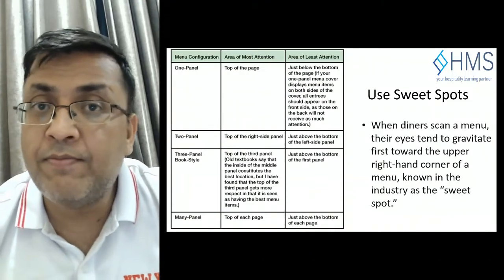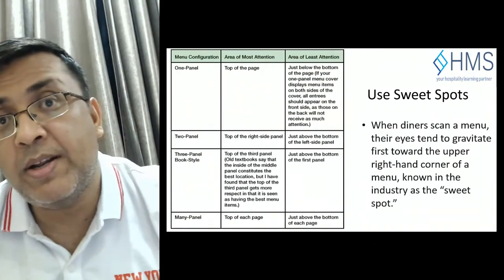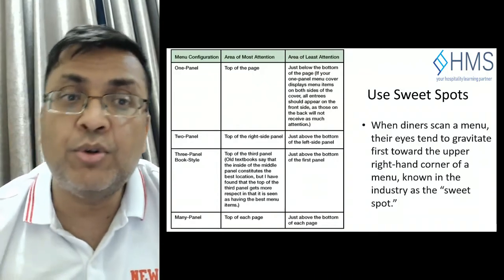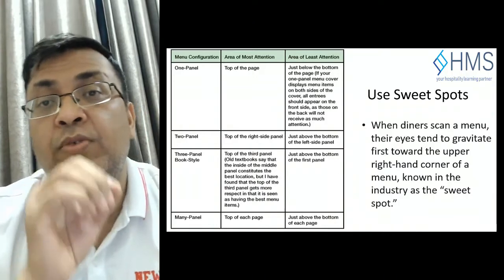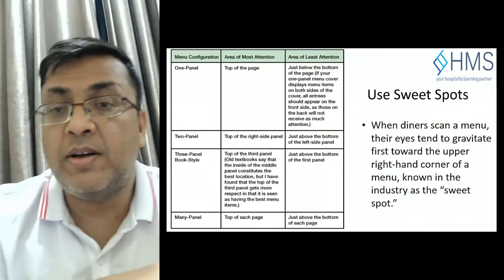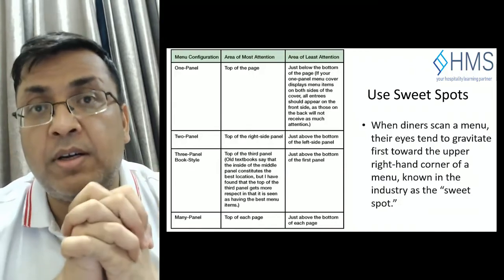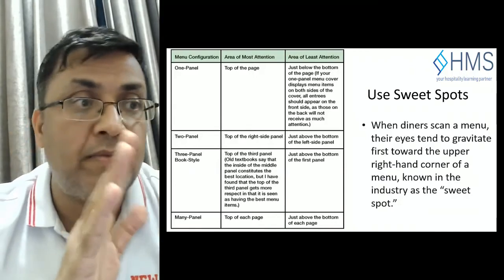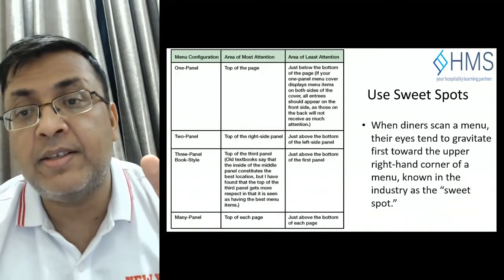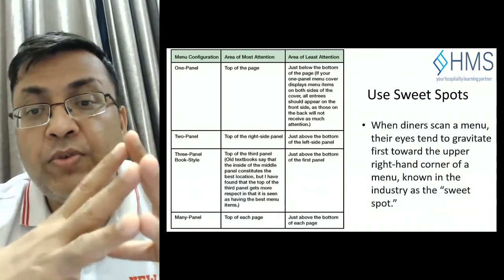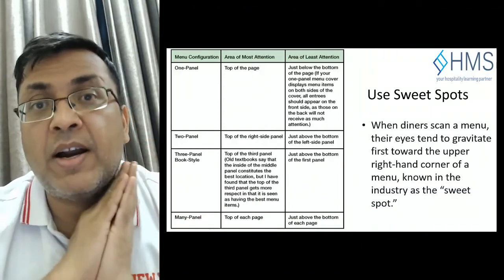Based on your menu, if it's a one panel or two panel, the most attention goes to the top of the page. Usually our eyes read from the left corner of the panel first, and then towards the right, and that is usually where most of the items are kept.